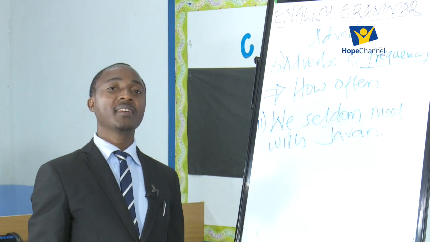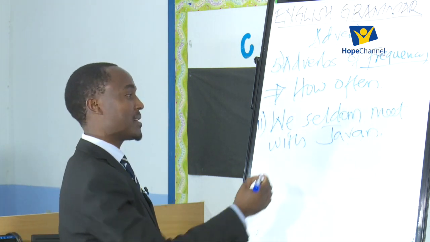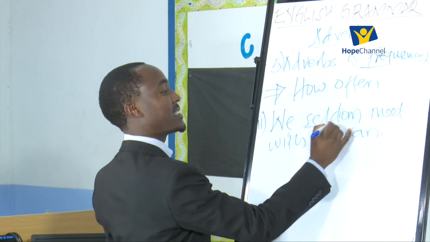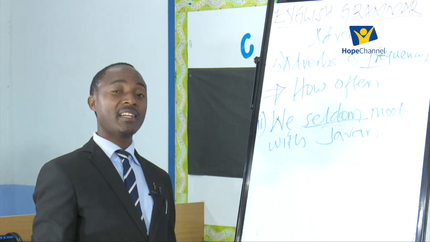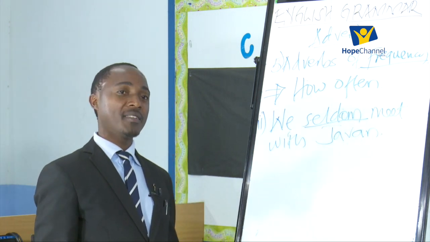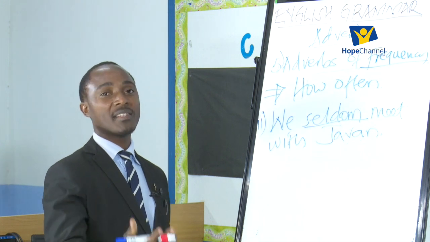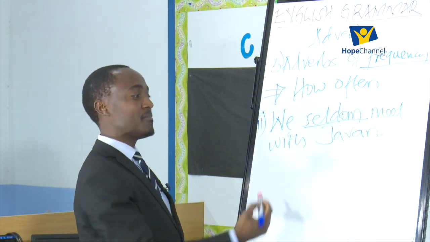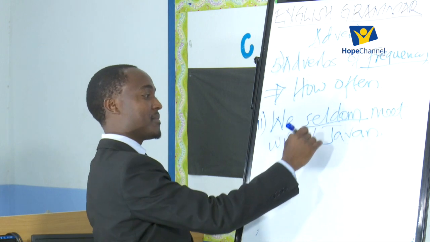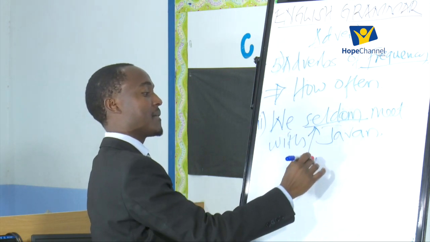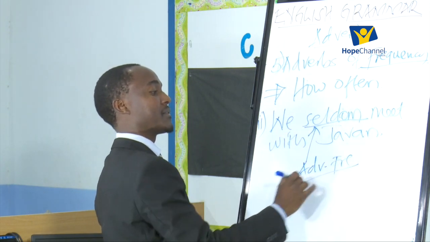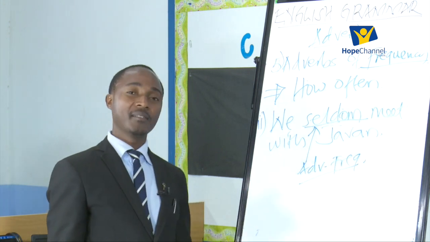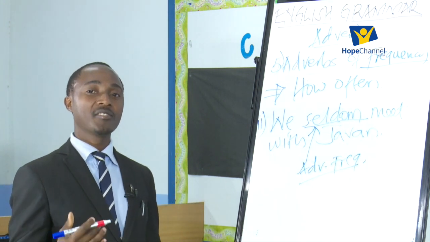How often do we meet with Javan? And the answer is seldom. We seldom meet with Javan. That means we don't meet with him every time, maybe once in a while. So seldom is our adverb of frequency. As simple as that. How often does the action take place?